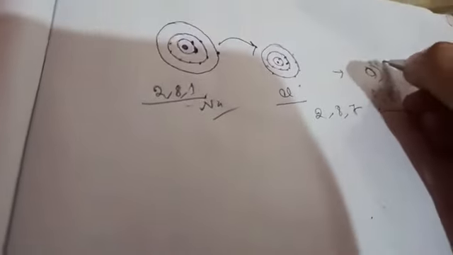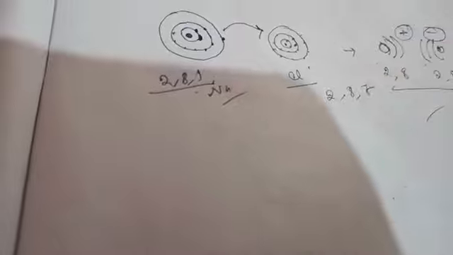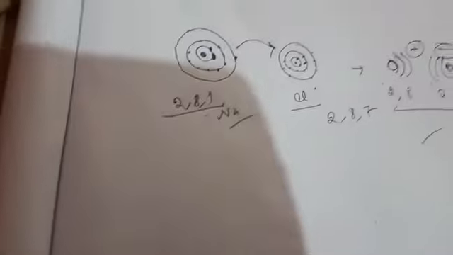Now this one has given, so it is a plus charge. This one has accepted, this is a minus charge. Then attraction and sodium chloride. I have drawn very roughly. You should always use a compass for drawing like this. So this is how the sodium chloride orbital picture diagram is drawn.